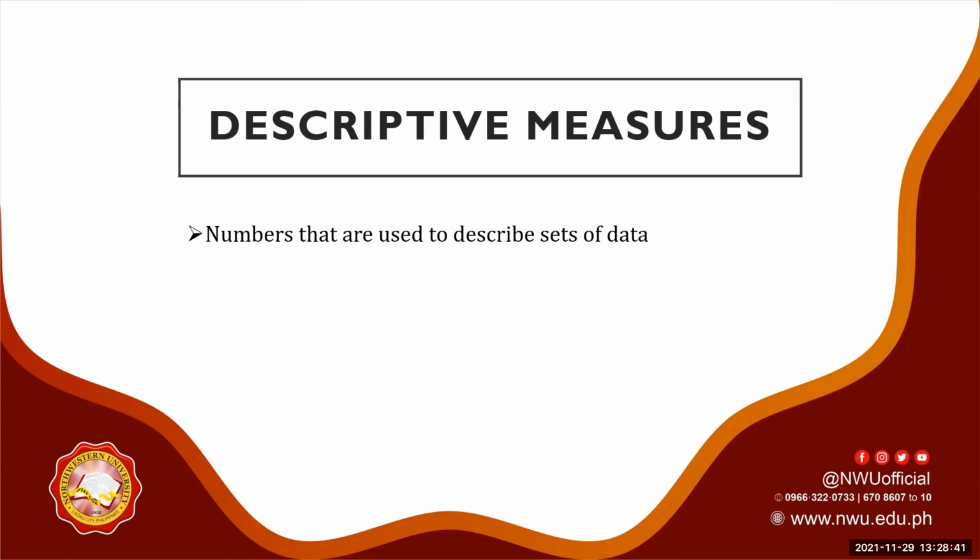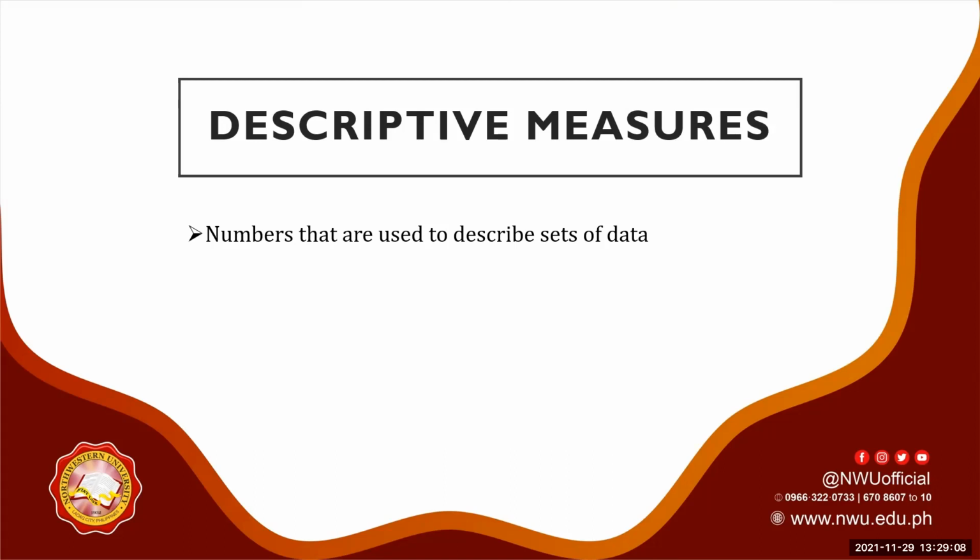And pag sinabi nating descriptive measures, it is one of the ways that you can describe a set of data by using numbers. So pag nag-describe ka ng data using numericals or numbers, that's considered to be descriptive measures.